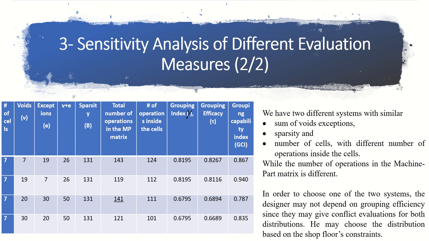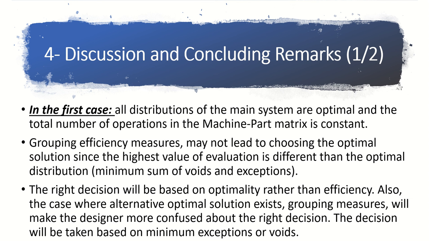And here also, in order to choose one of the two systems, the designer may not depend on grouping efficiency since they may give conflict evaluation for both distributions. He may choose the distribution based on the shop floor's constraints.